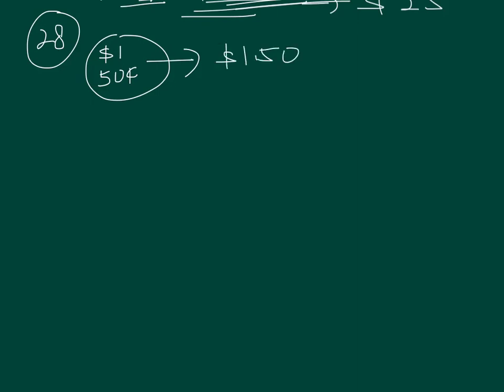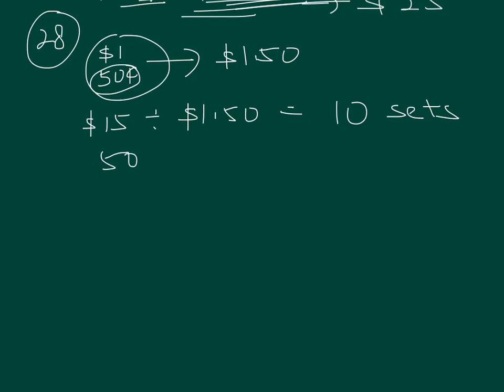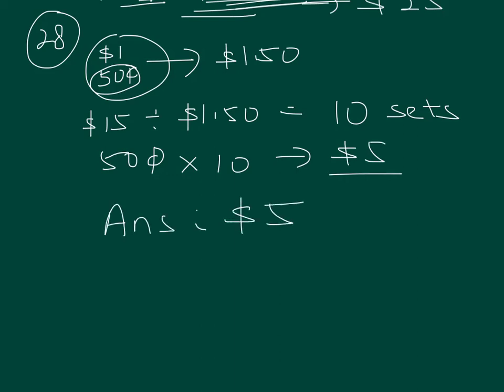When Cindy had $15 in her piggy bank, how much was put in by her father? $15 divided by $1.50 per set means there are 10 sets. In every set the father gives 50 cents, so 50 cents times 10 means the father put in $5. So question 28, your answer is $5.